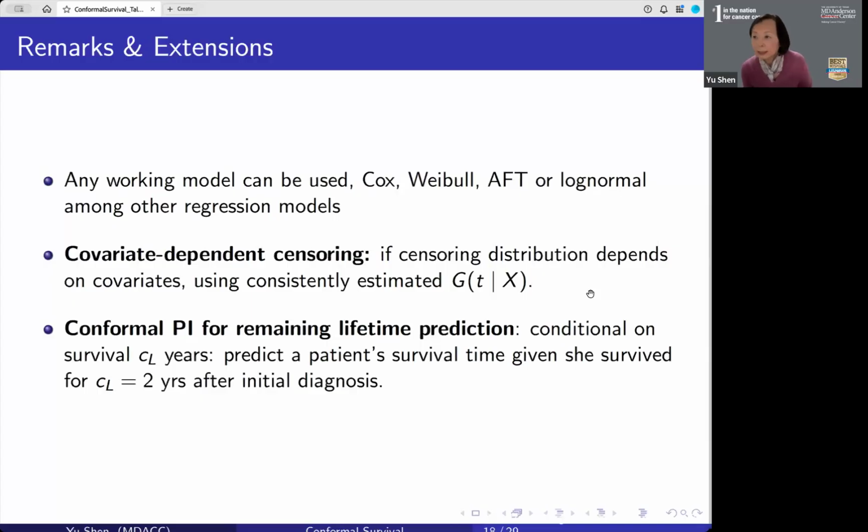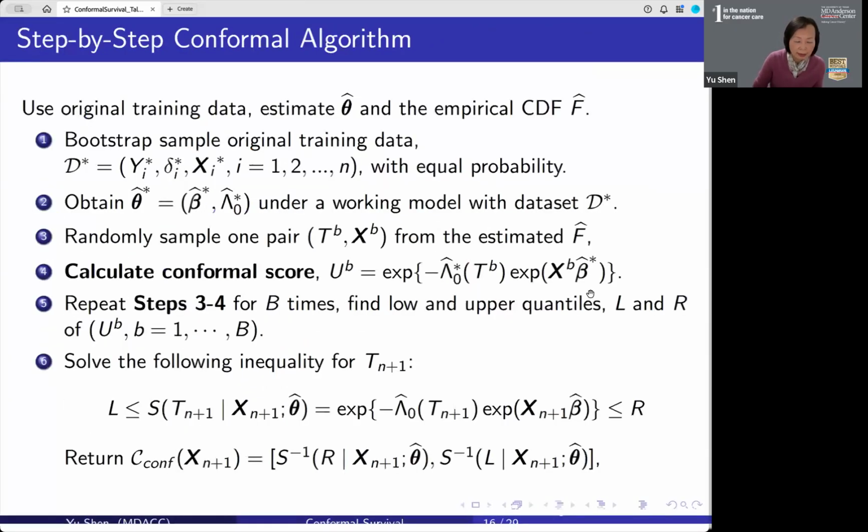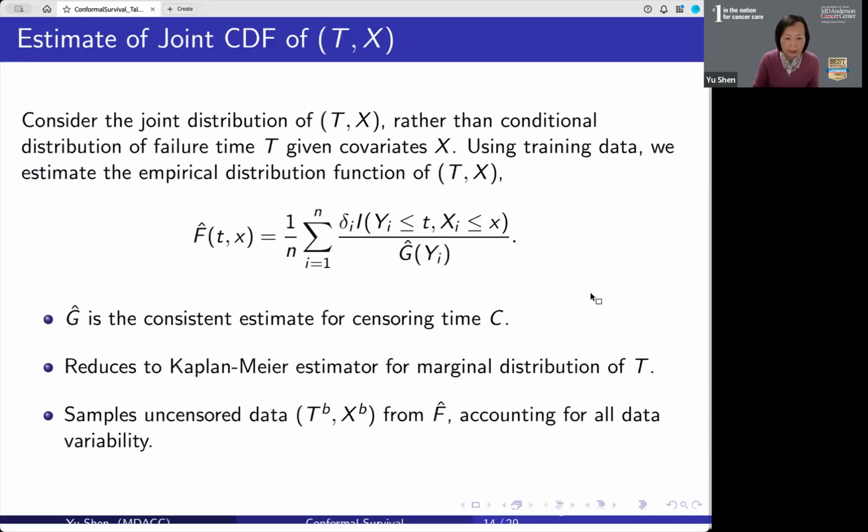Okay, so then we extend this approach further. Remember in this formula, we assumed the censoring time is independent of covariates. But we can generalize this condition.